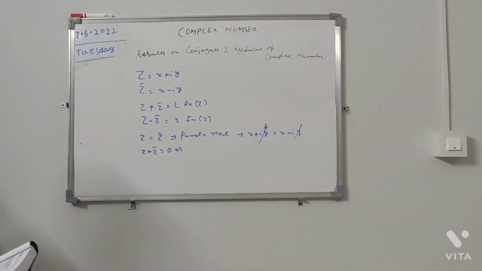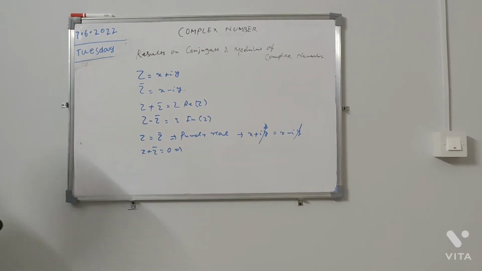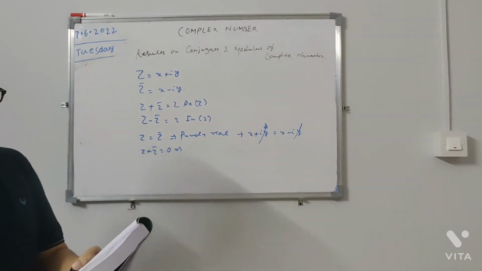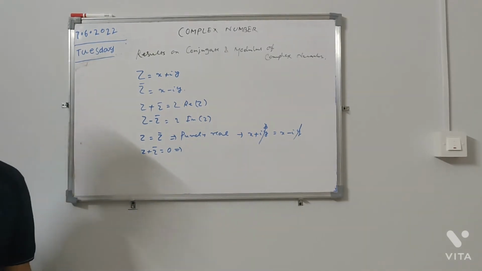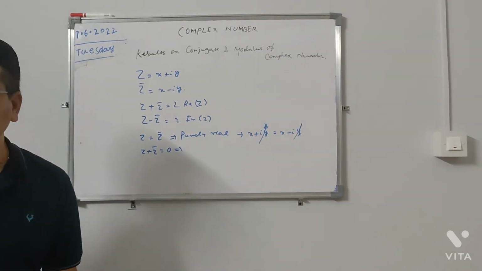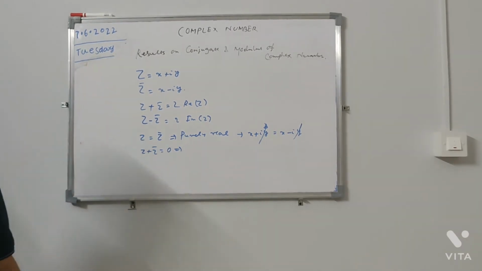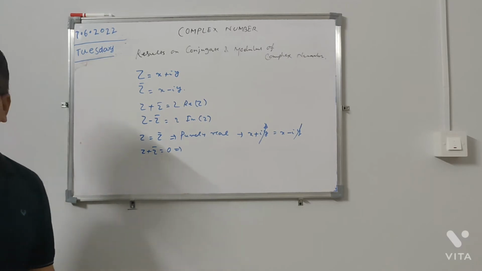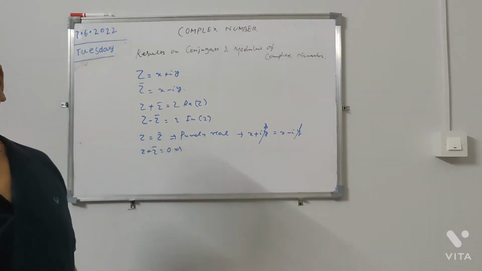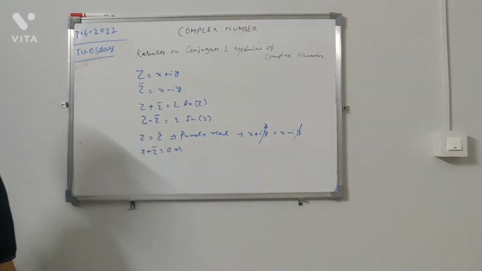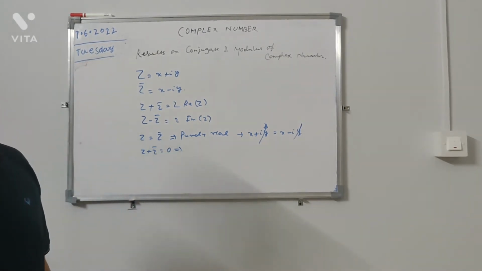Okay. And then we have discussed what is the conjugate and modulus of a complex number. So if z is equal to x plus iy, its conjugate is equal to x minus iy. And the modulus of a complex number z is equal to the square root of the square of the real component plus the square of the imaginary component.